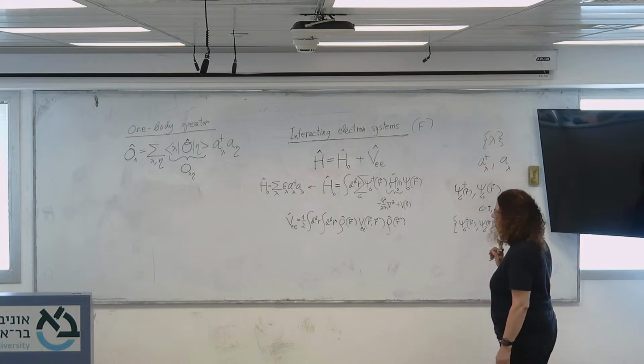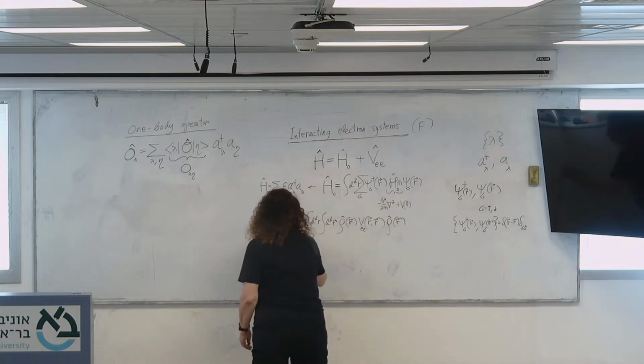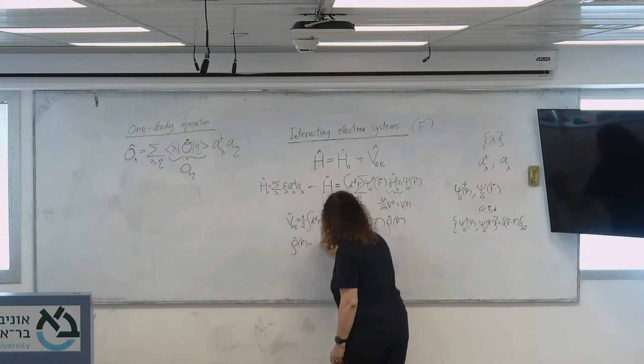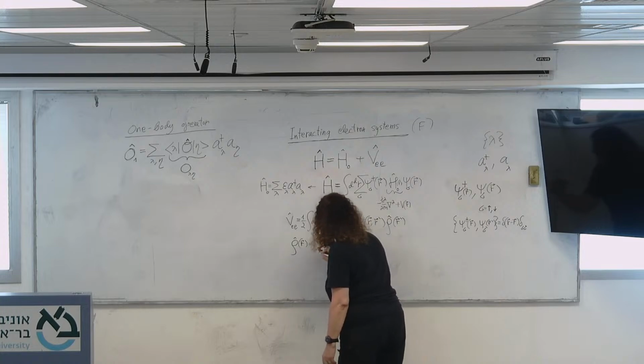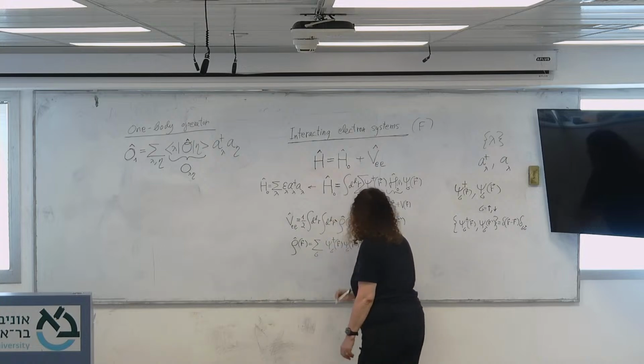But notice, because they have a spin, the definition of the density is, in fact, a sum over sigma of psi dagger psi.